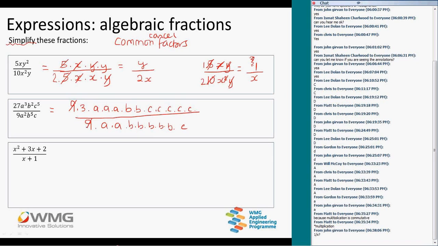I've got C here. In my new problem, I'm left with 3, A, C to the 4. A to the 4. I'm left with B.